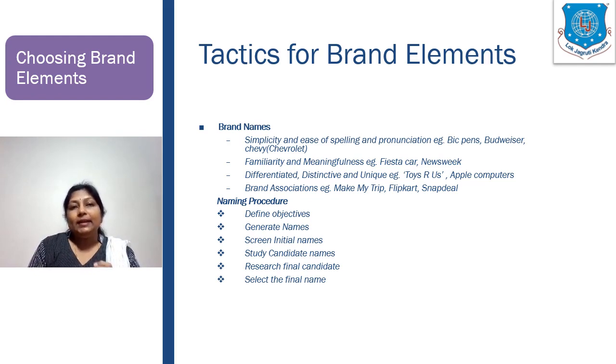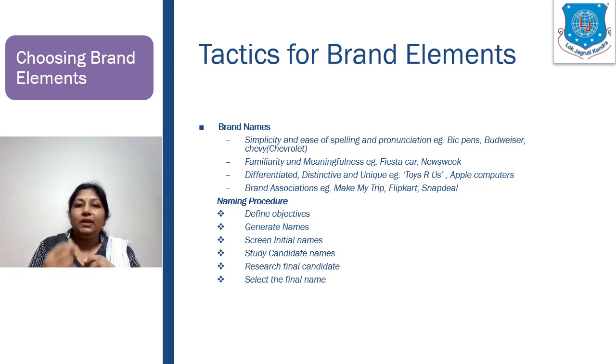Now, while naming a brand, there is a process that is generally followed while choosing that name. The first is to define an objective. Second is to generate multiple names. Then you screen out a few names that you would like to choose.